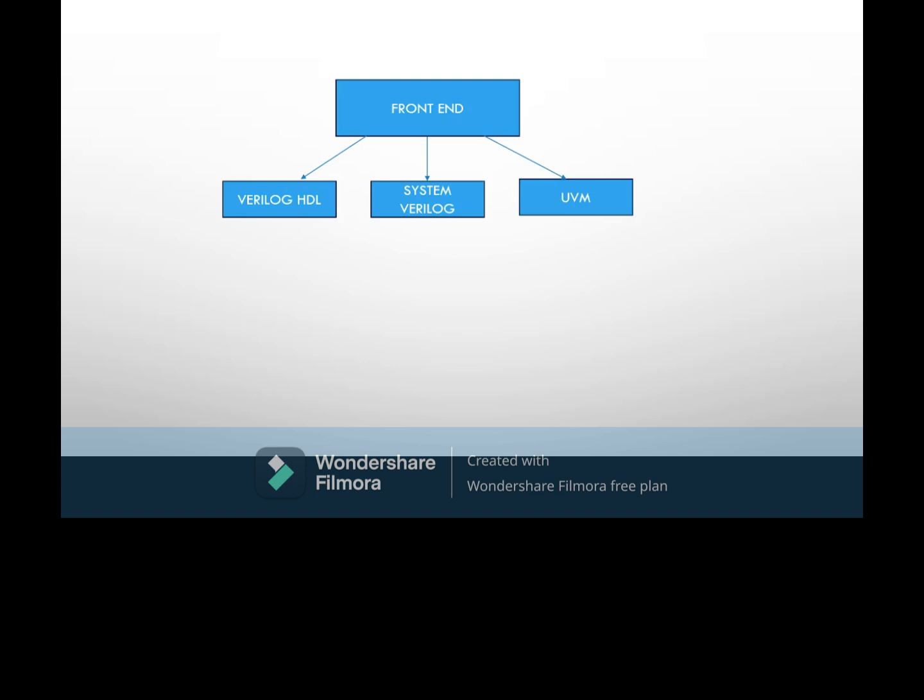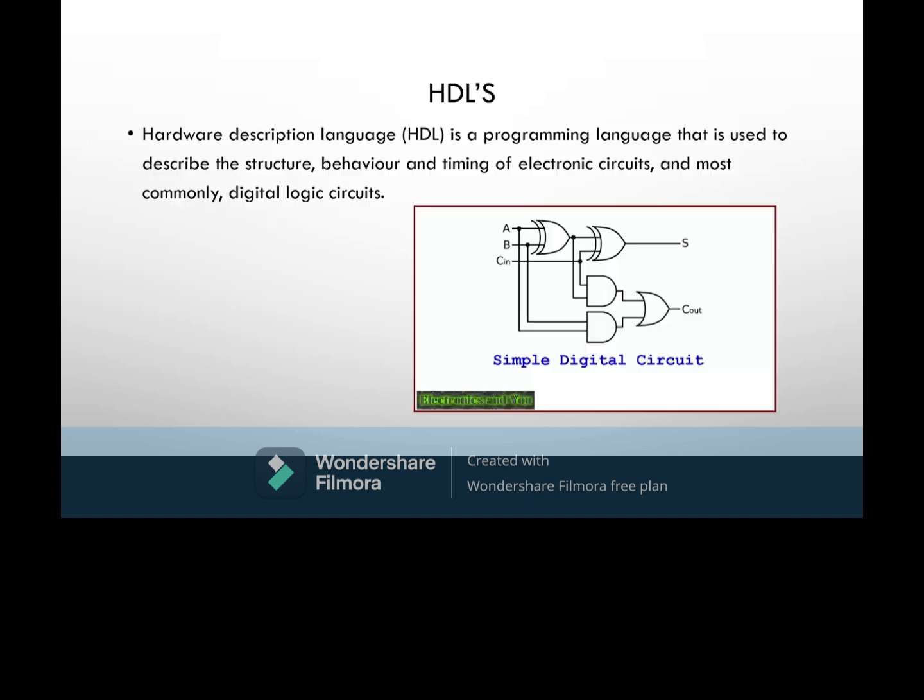So when you want to enter front end, you basically need to know Verilog, SystemVerilog, and UVM. Verilog and SystemVerilog are called HDLs, which stands for hardware description languages. From the name itself you can say that you are describing the hardware in text format, in a language.